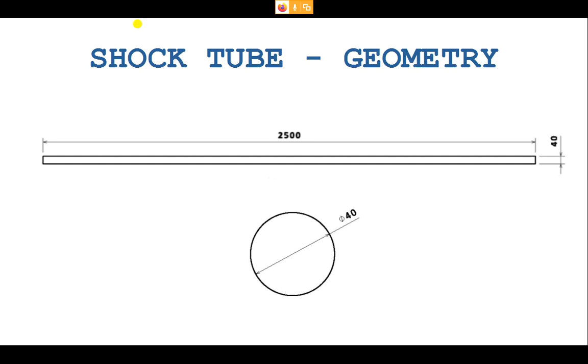It's a circular cross-section tube depicting the original experimental setup. We don't have flanges and other couplings shown here because computationally we don't need them. We separate it with a diaphragm placed inside this tube, which can be done numerically, so we didn't come up with complications.